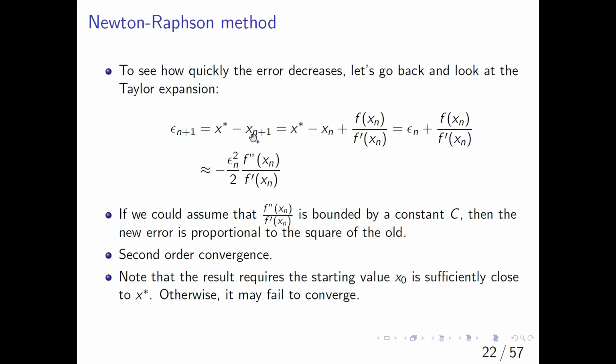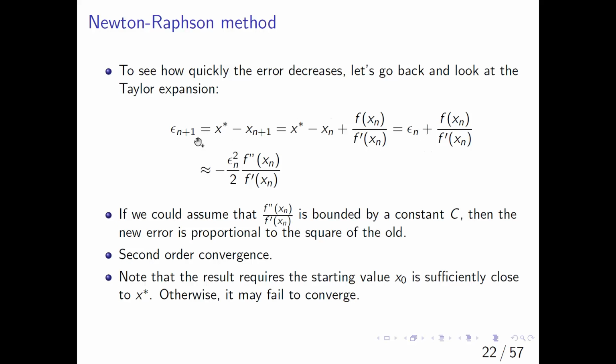Okay. And previously we know that x n plus 1 equals x n minus this term. Now x star minus this one, then plus this one. Now x star minus x n is just the approximation error at the current step, step n.